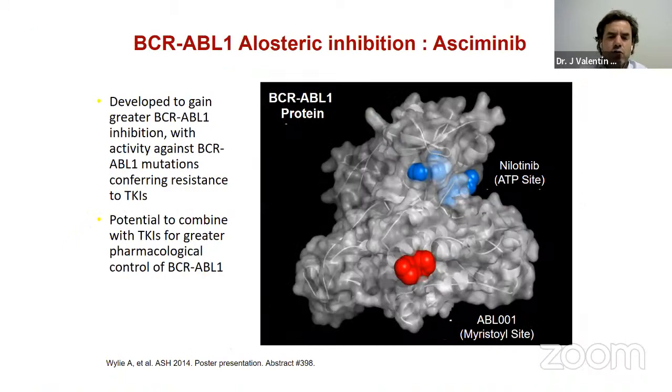Asciminib is a new treatment, a novel TKI with a novel mechanism of action. It's very important to highlight that this drug, compared to the rest of TKIs, does not work by binding to the ATP binding site. It binds in the myristoyl site, and this is very important because it has two relevant specific considerations.